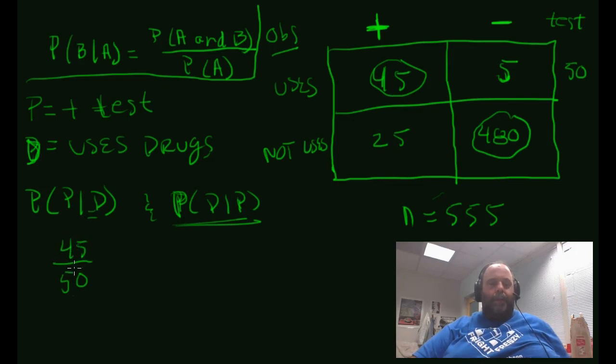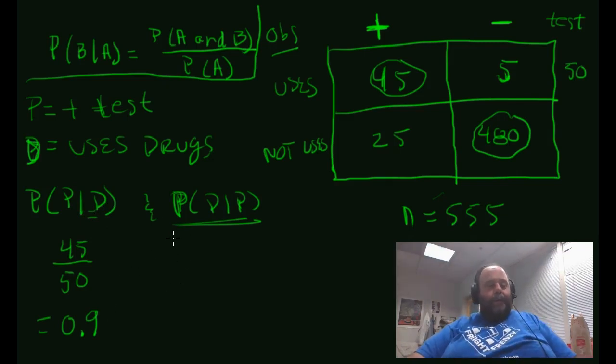So the expectation here would be 45 out of 50, which lands me at 0.9. So 90% of the time that we give the test to someone who has used drugs, it comes up positive. It's pretty good.